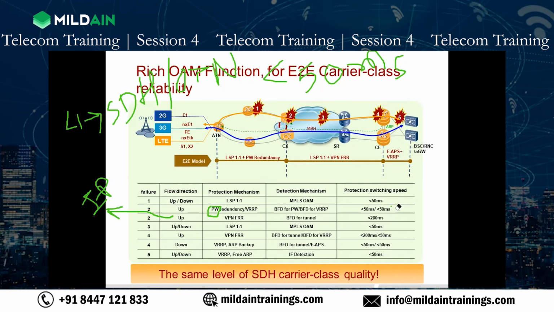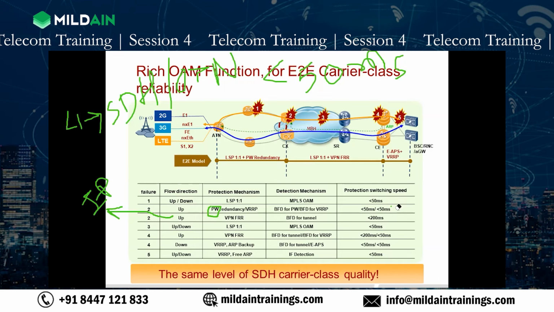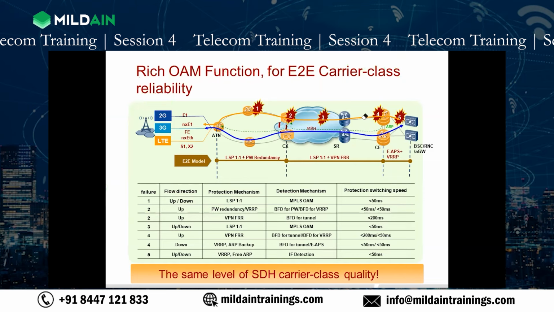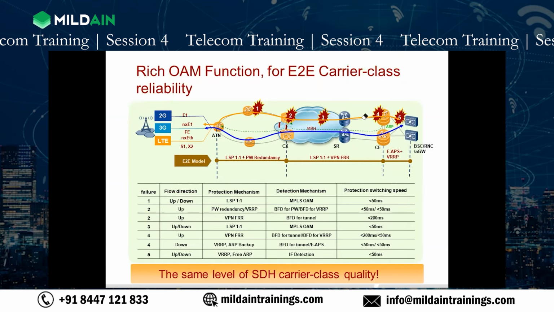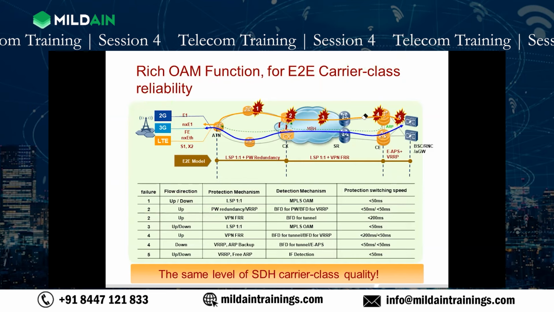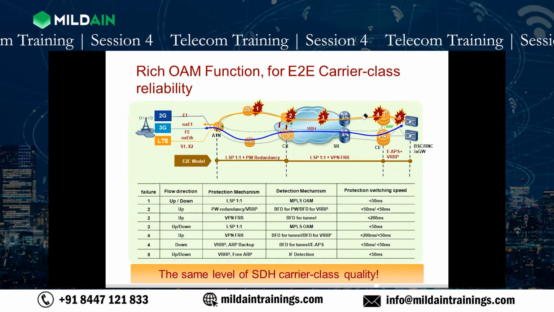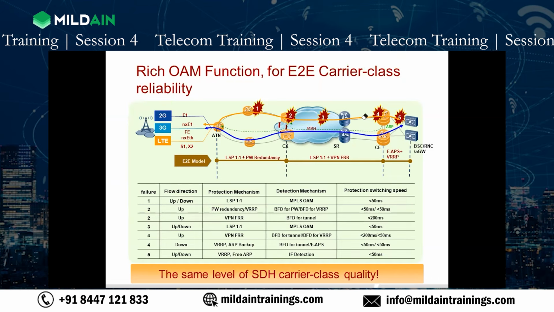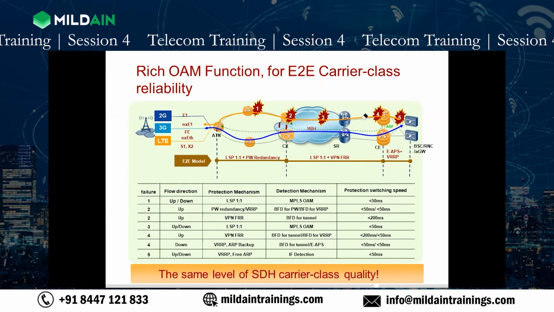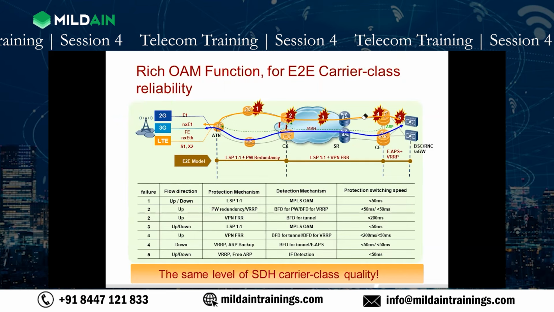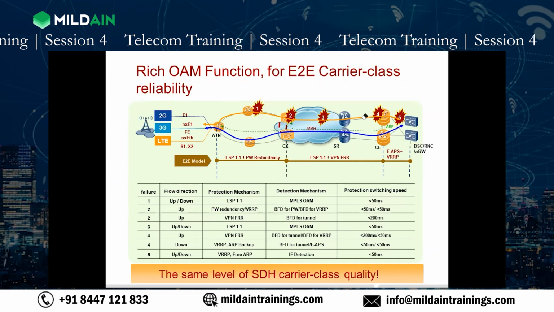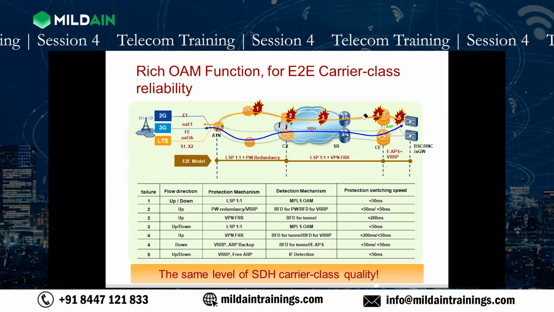But tell me, say I go with 200 millisecond for my VPN. If the customer says, I cannot accept 200 millisecond because my current project runs only on 100 millisecond, how do we tackle such a situation?